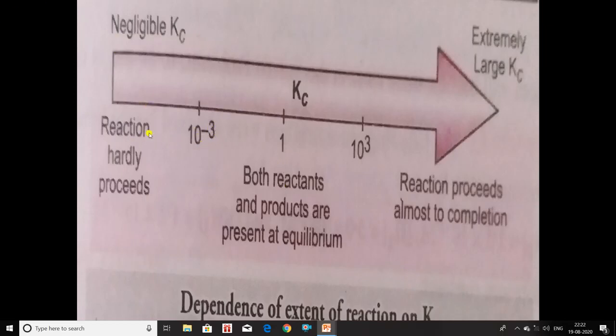Reaction hardly proceeds. That means very little reactant is converted into products. And if the value of Kc is more than 10 to the power 3, that means the reaction proceeds almost to completion. Product is more, reactant is less. That means the direction is forward direction.